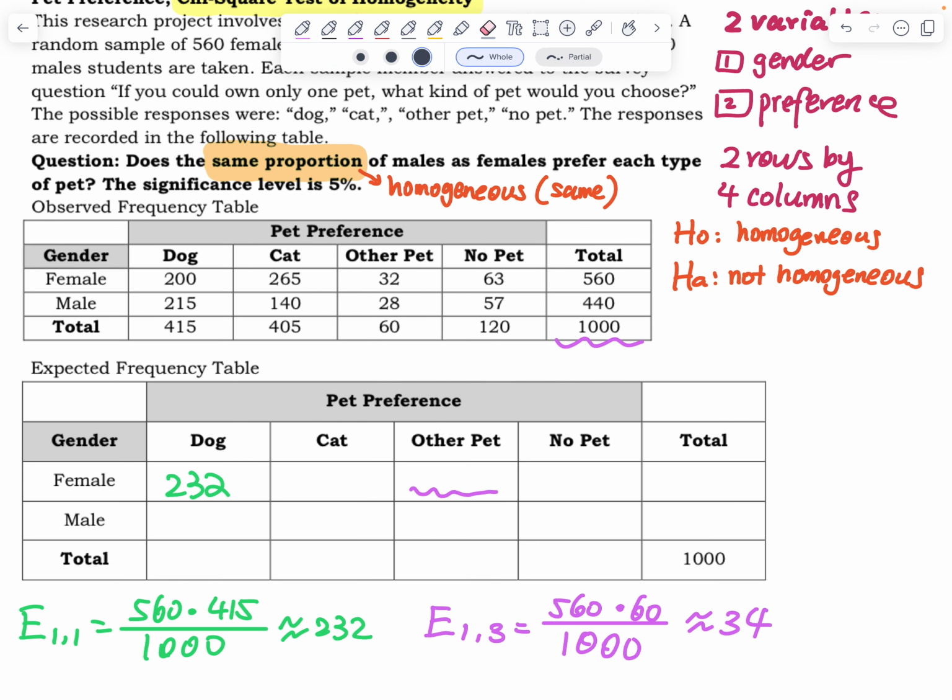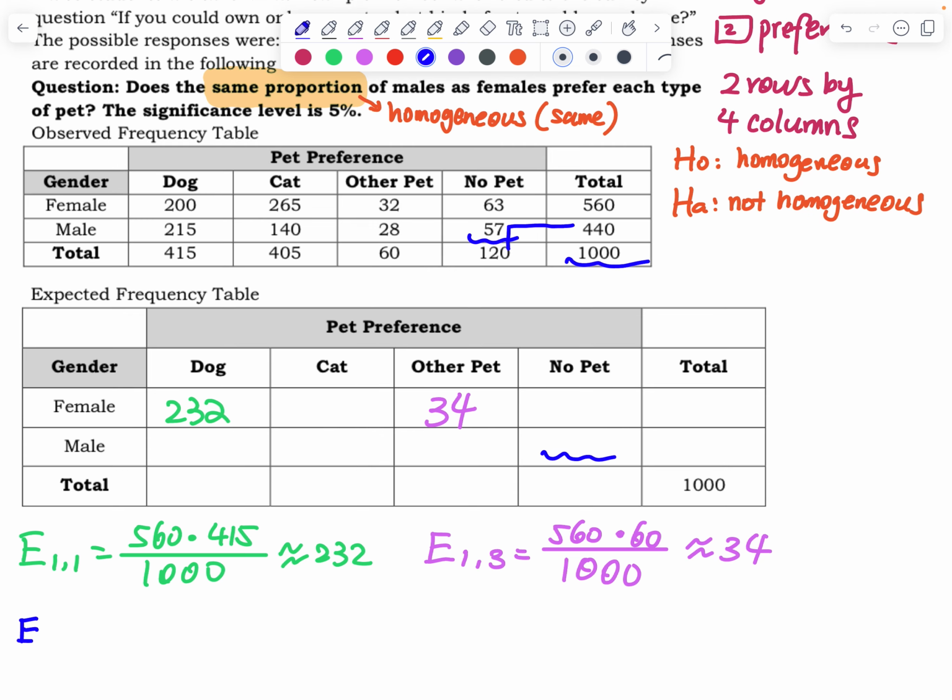I am going to erase this mark and put a 34 right here. And then I should do one or two more. How about we do male and no pet? We have a row total, column total, and a table total. This is expected frequency row 2, column 4, which equals 440 multiplied by 120 and then divided by 1,000.